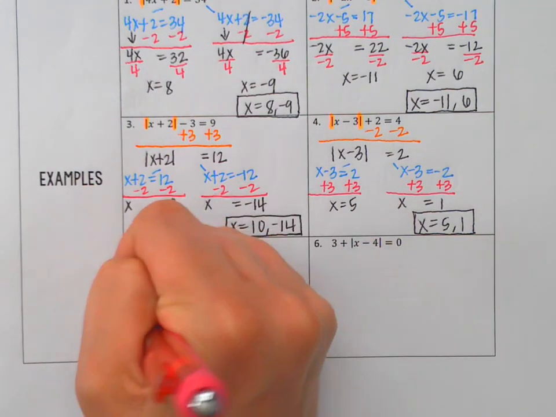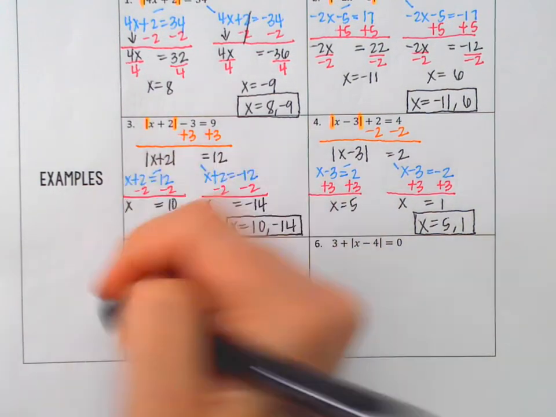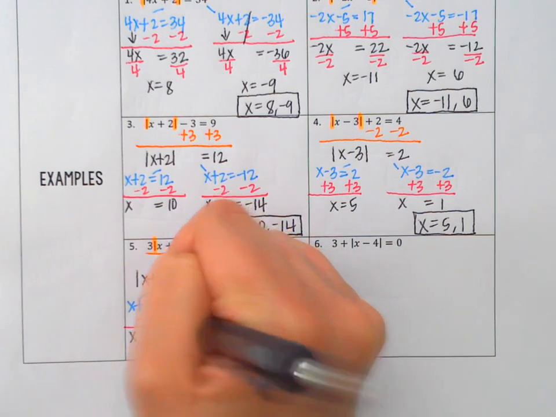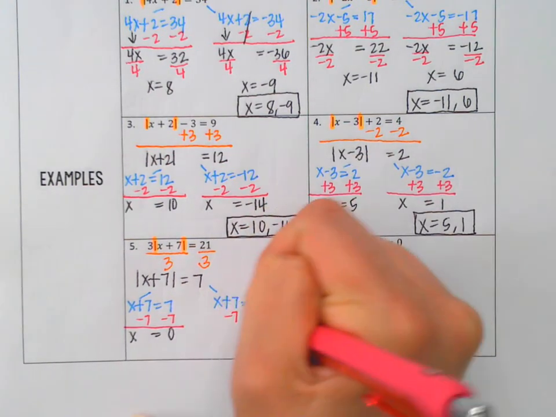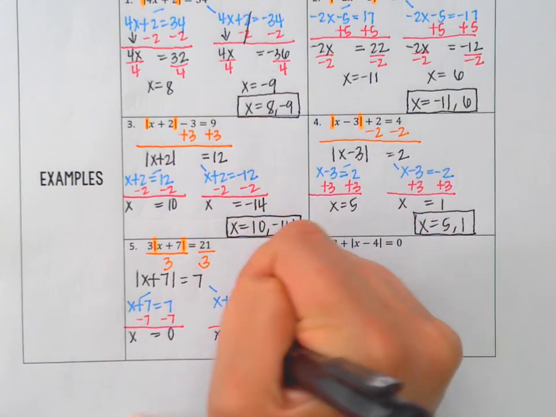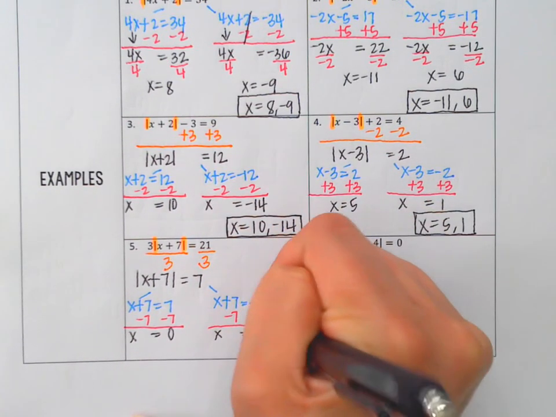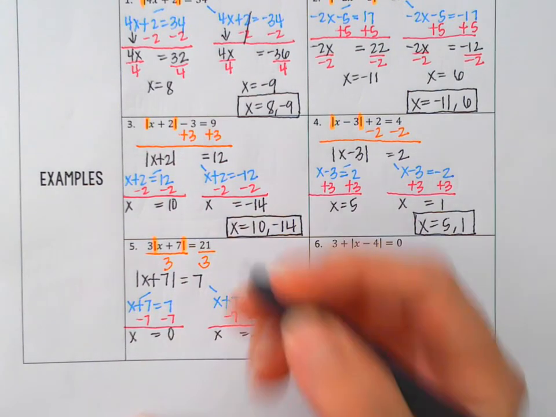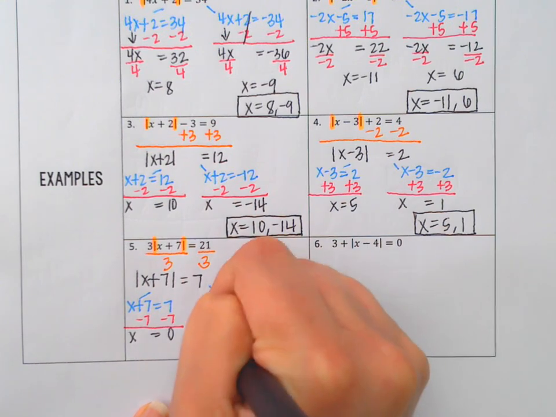I subtract 7 from both sides for my first one, and I get x equals 7 minus 7, which is 0. That's one of my solutions. For the second, I subtract 7 from both sides, and I get x is equal to negative 7 minus 7, which is negative 14. So my 2 solutions here are 0 and negative 14.